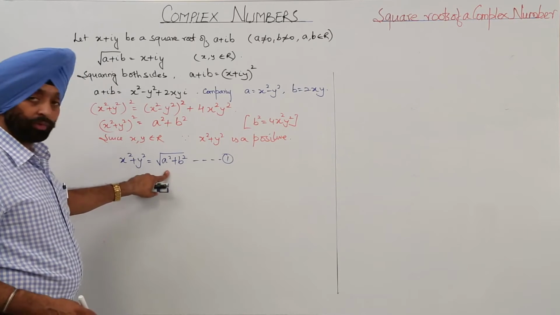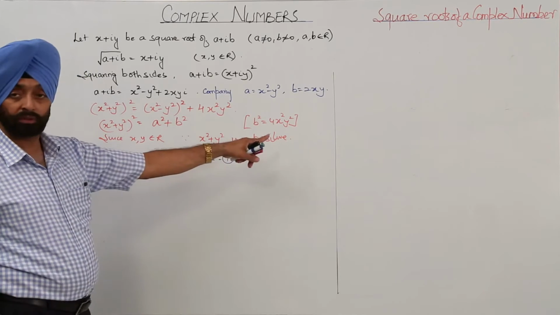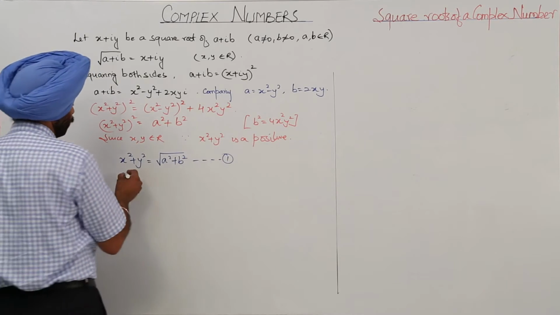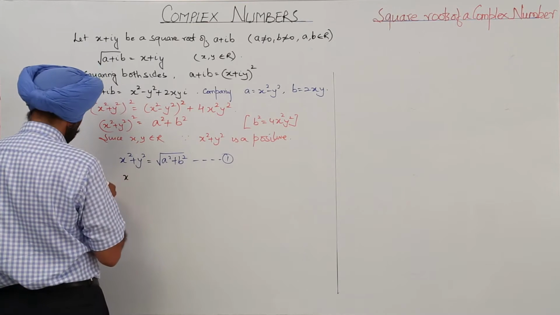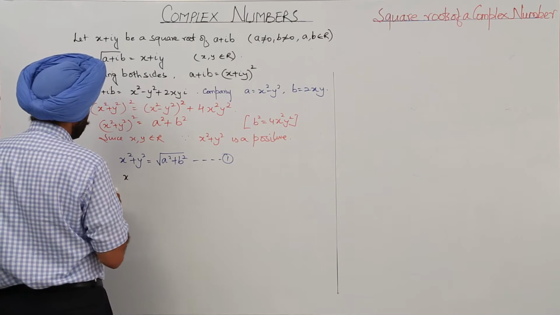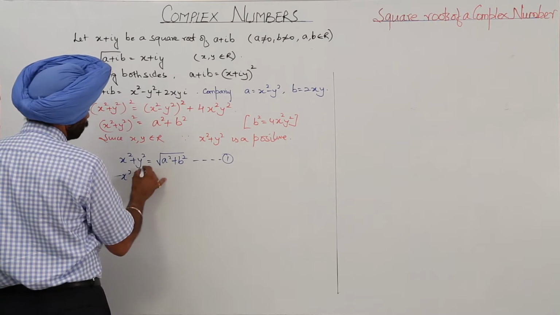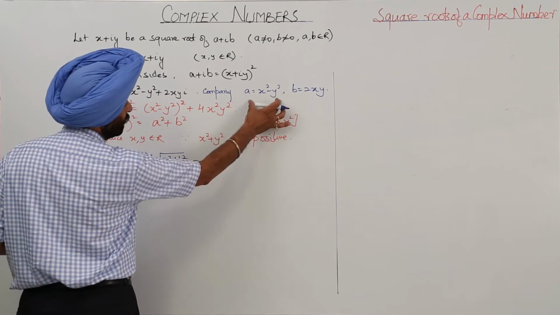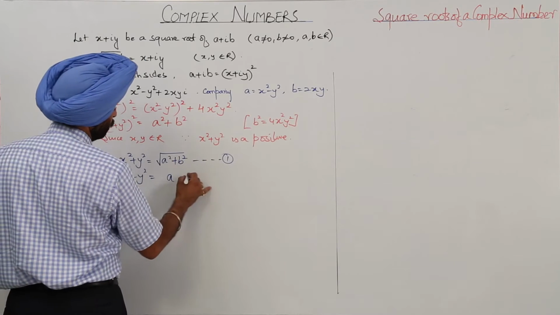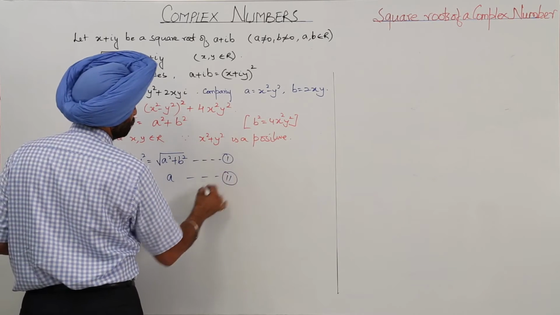Why have I not written the negative? Because I have mentioned this thing here. Is it clear? And x square minus y square is equal to this part, is equal to a. Second.